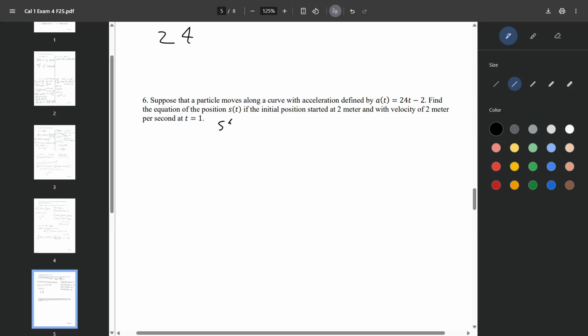the derivative of s of t equals v of t, and also s double prime of t equals v prime of t equals a of t.